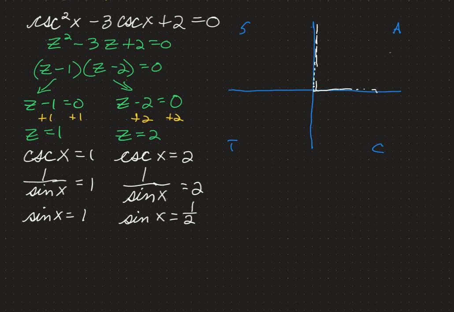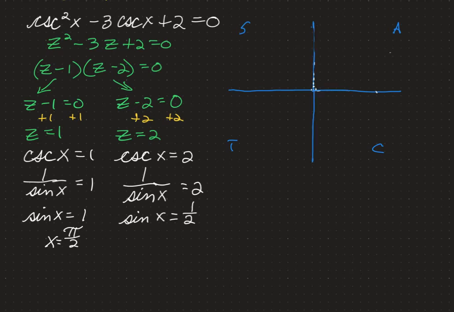Well, we could express this as 90 degrees, but remember we're practicing radians today. So x would be pi over 2. That's what it's equal to. It would not be going down here, because then it would be a negative 1 and we have a positive value. So we have pi over 2, but we still have to find other possible values for x.